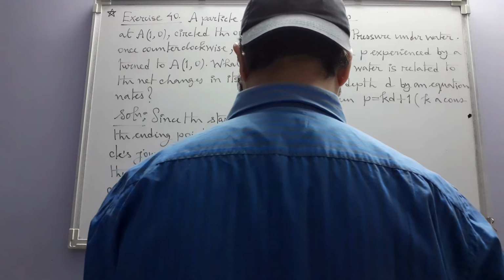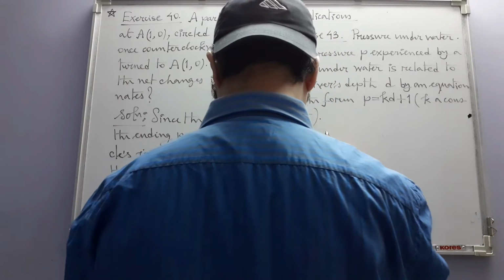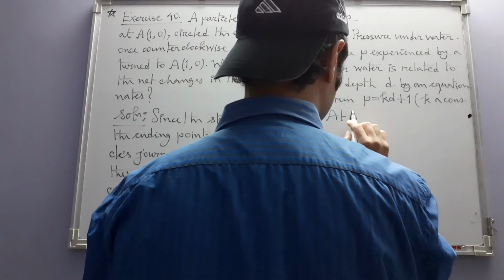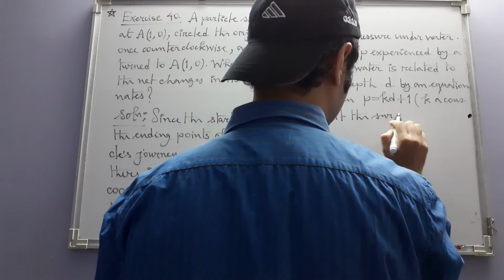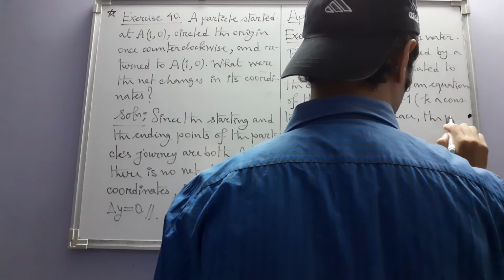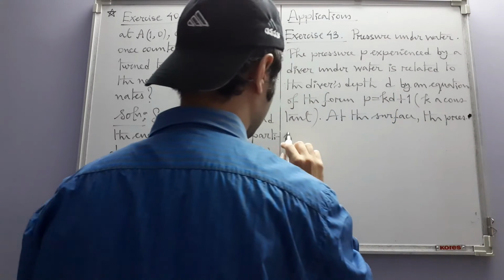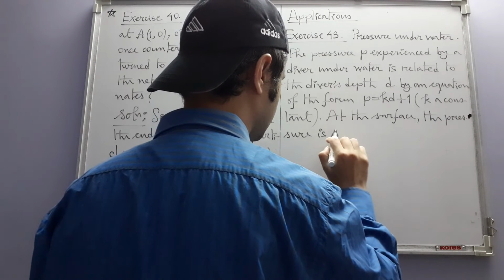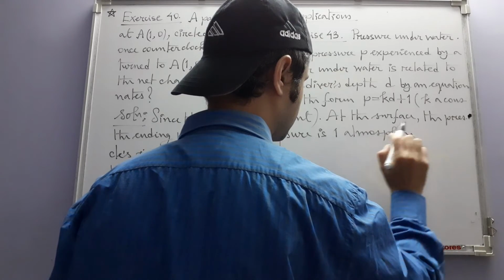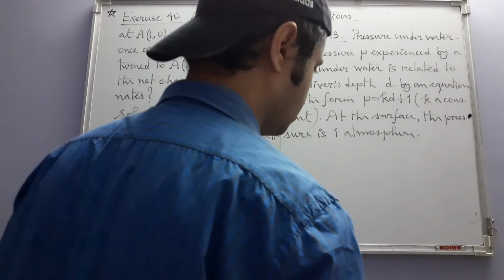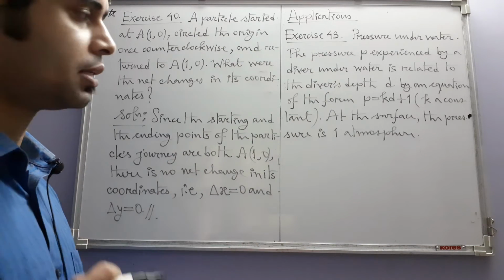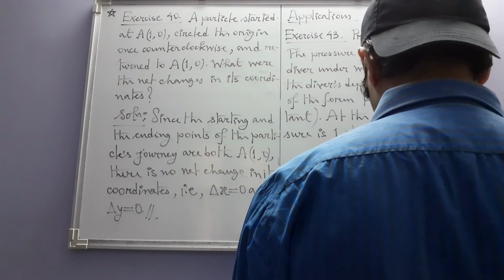Okay, now something else is given, some numerical data. At the surface, the pressure is 1 atmosphere. 1 atmosphere means the pressure experienced by us due to the atmosphere we have above us, that is 1 atmosphere in ordinary conditions.